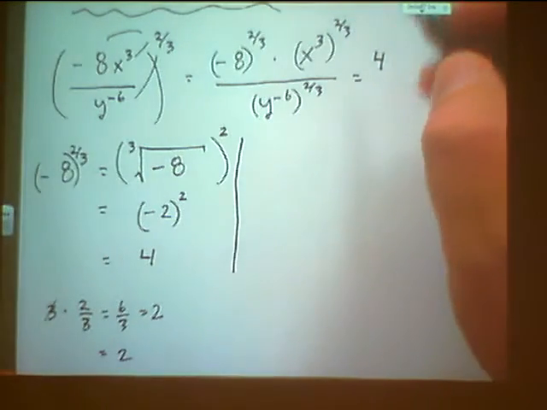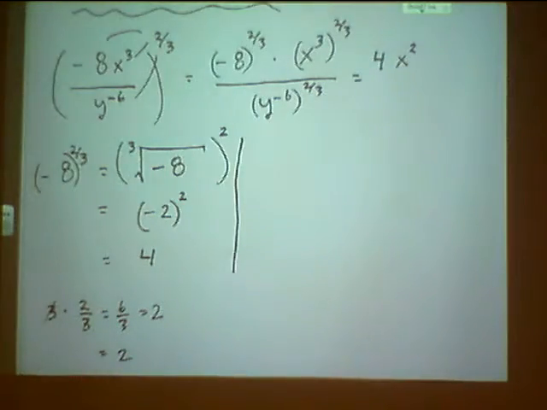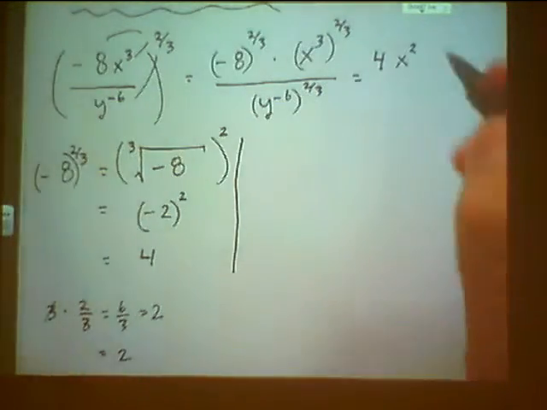So therefore, we end up having x squared, and now if I go to the denominator, y to the minus 6 times 2/3. If I just multiply it out, minus 6 times 2 is minus 12. Minus 12 divided by 3 is negative 4.